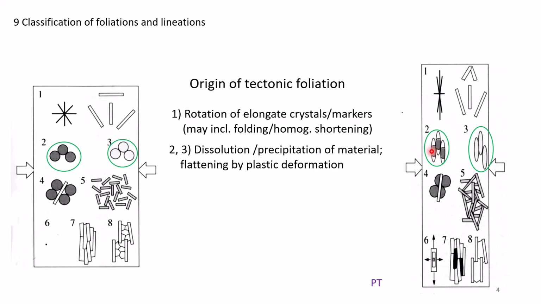We change the shape of our originally spherical strain markers, and we form ellipsoids, and we can see that here in the strain shadow a new material is precipitated. This could happen by dissolution creep. It also could happen by grain boundary diffusion creep in order to stretch the mineral grains parallel to the stretching direction and shortening them parallel to the shortening direction.